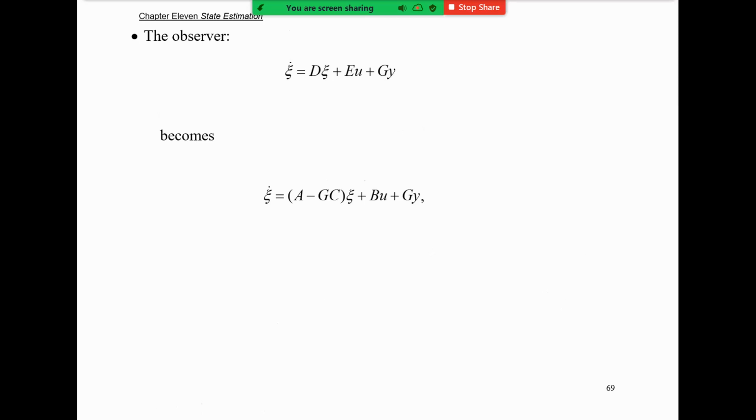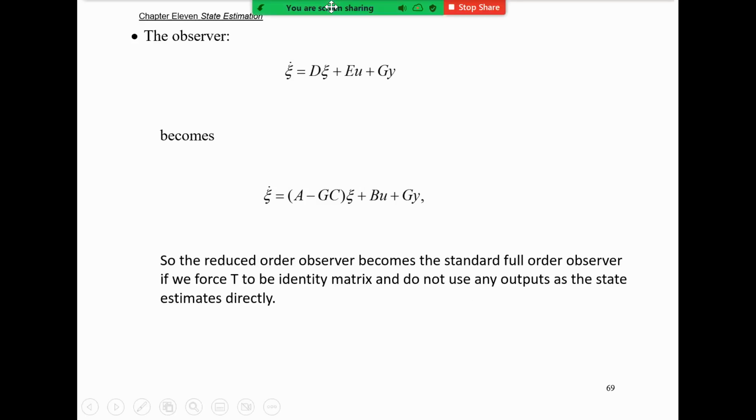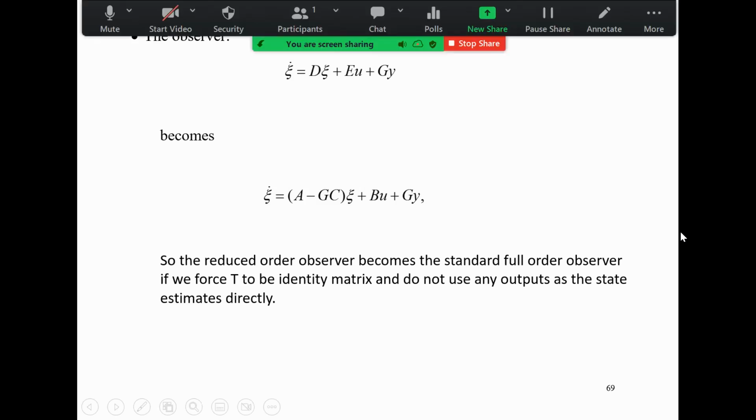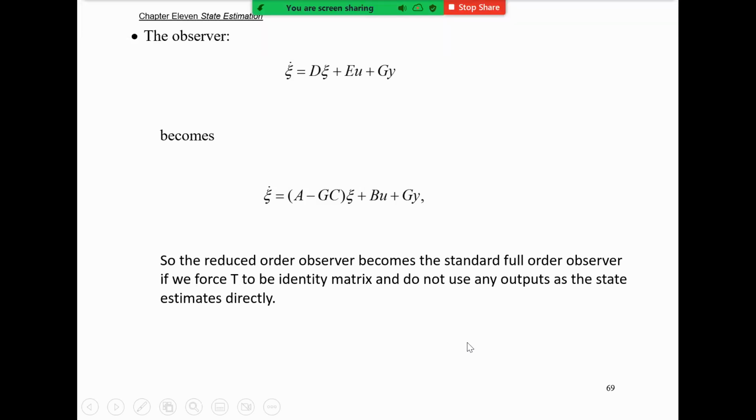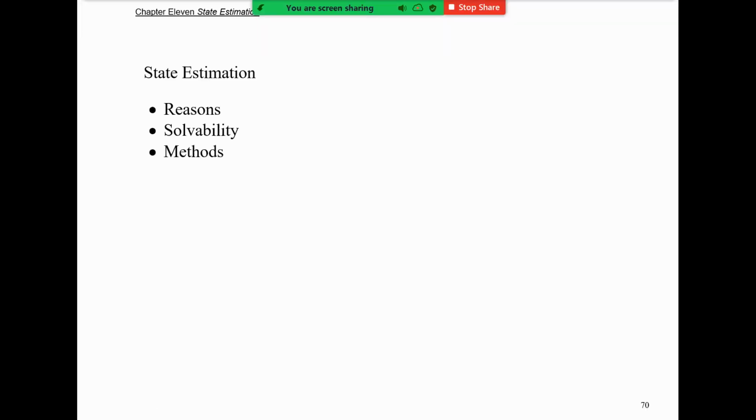Okay, so which means actually the full order observer is kind of a special case of the reduced order observer. Okay, is that clear? Any questions? Okay, so if we force the T to be identity matrix, right, then actually the full order observer is the reduced order observer.